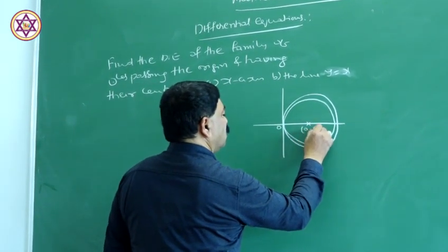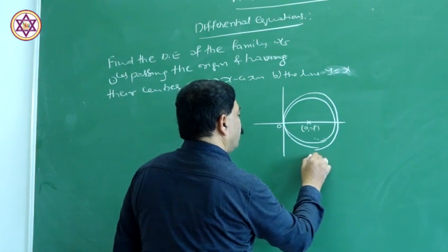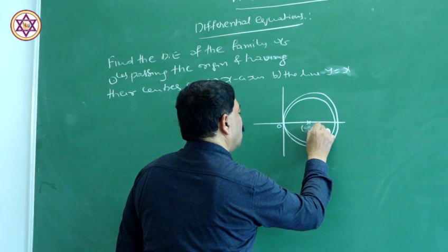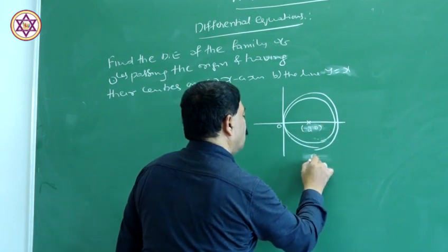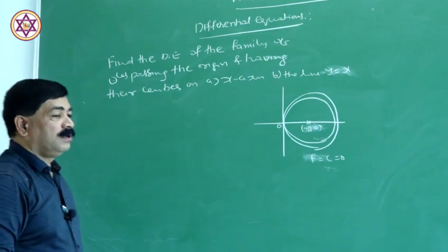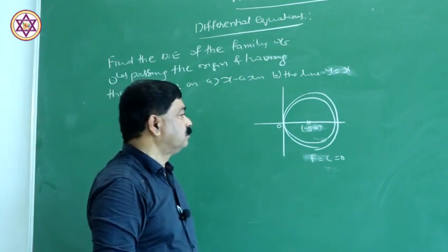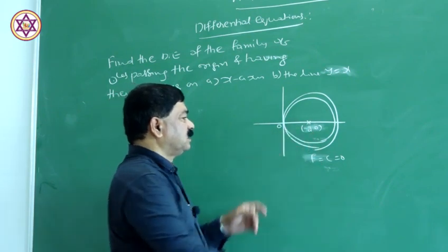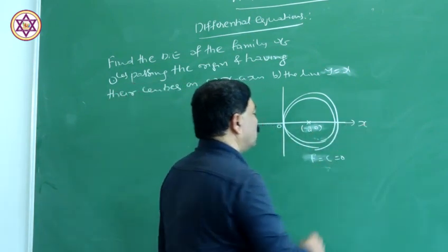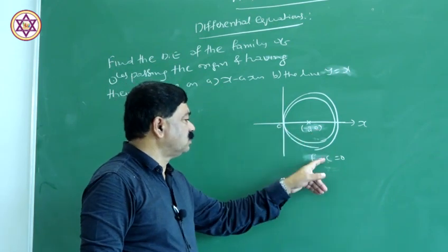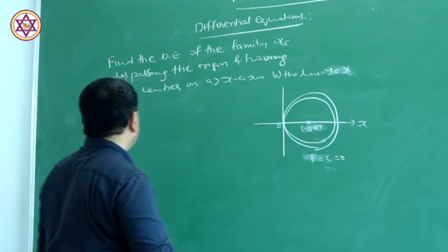Here the center is minus g comma 0. We know that the coordinate of the center is minus g comma minus f. Center lies on the x-axis, so f is equal to 0. Passing through the origin means c is also equal to 0.